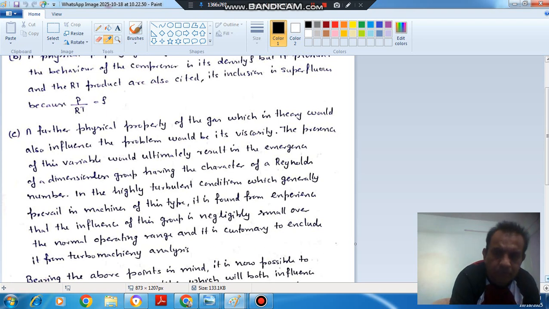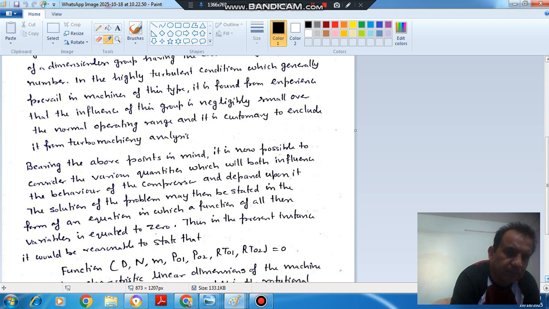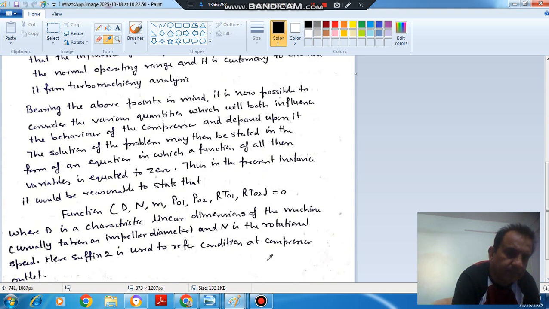Okay, so these are the main points. From these points we can say that the diameter of impeller, speed of impeller, mass flow, P01, inlet stagnation pressure, P02, outlet stagnation pressure, RT01, having the units of velocity scale, and RT02 are the seven variables: 1, 2, 3, 4, 5, 6 and 7.